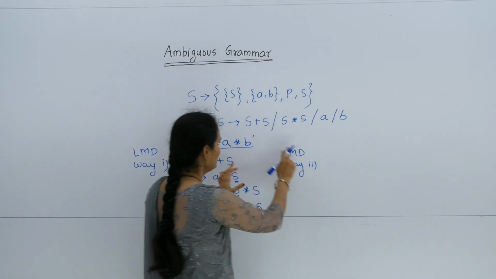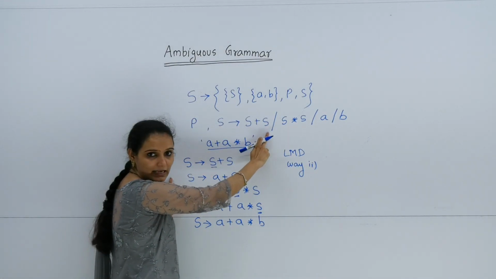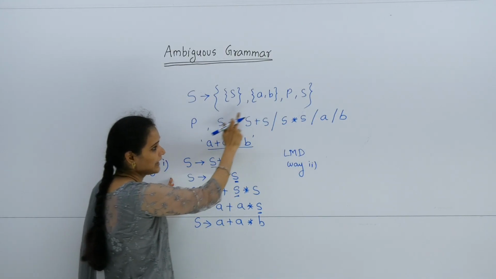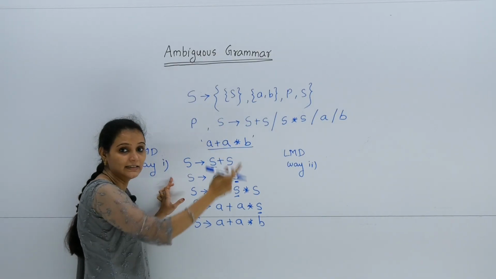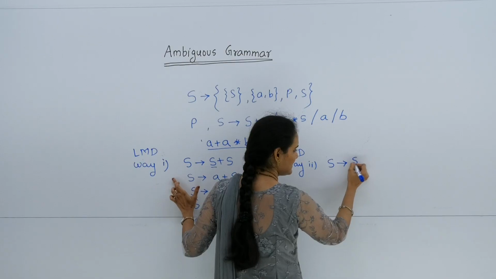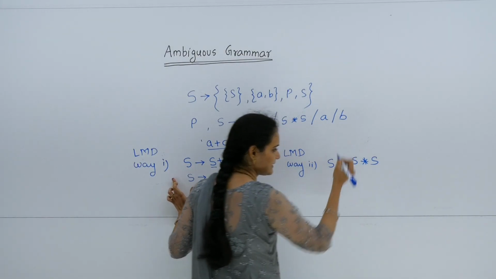So here we started with S produces S plus S. Instead of that, suppose I start with S produces S star S, it can be called a second way. So S produces S star S.